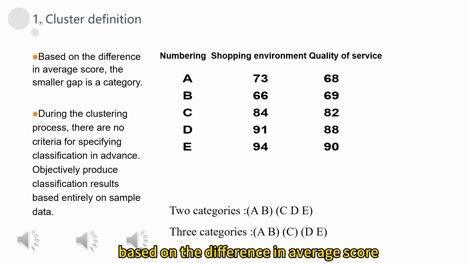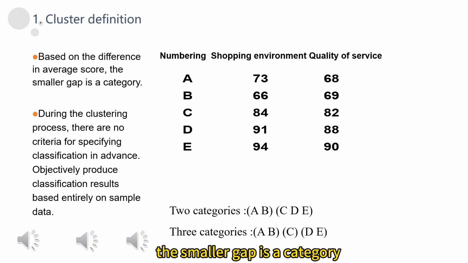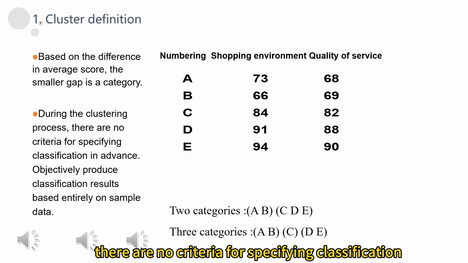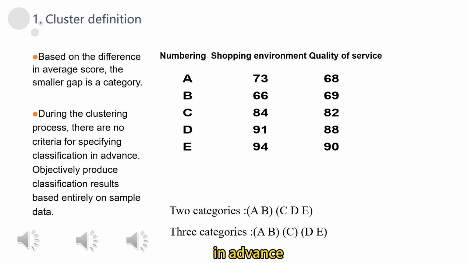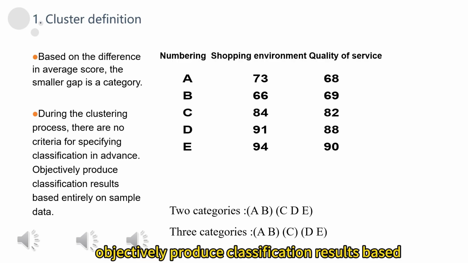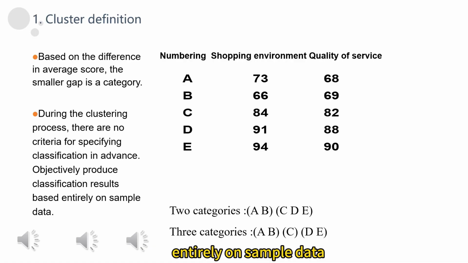Based on the difference in average score, the smaller gap is a category. During the clustering process, there are no criteria for specifying classification in advance. We objectively produce classification results based entirely on sample data.